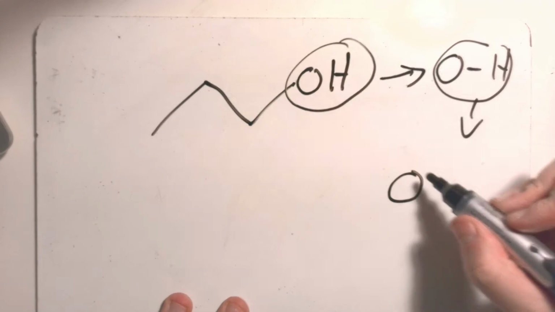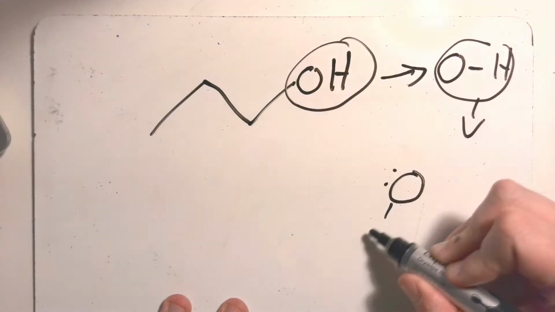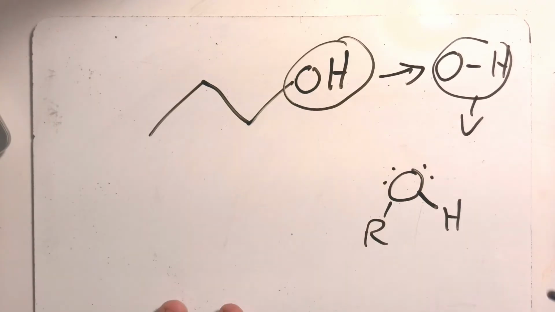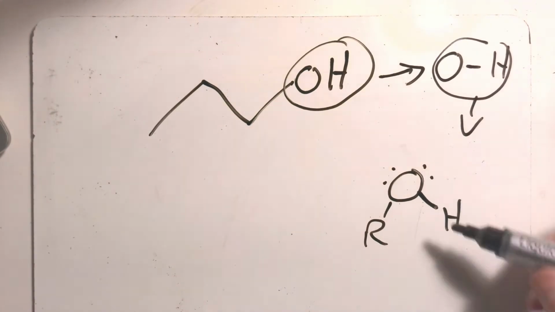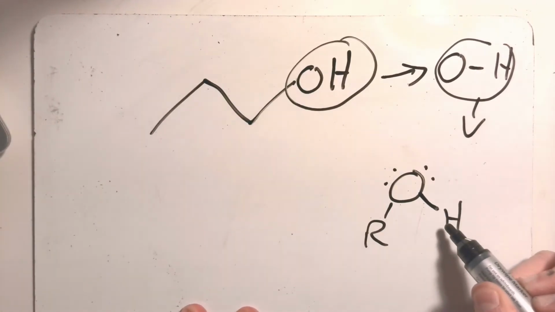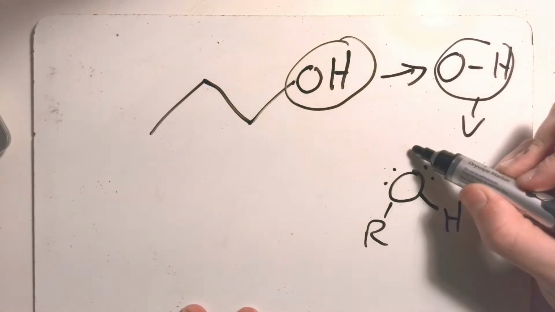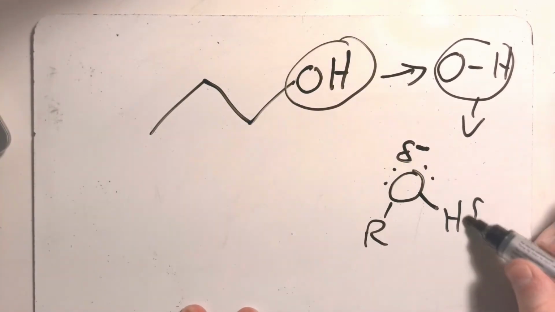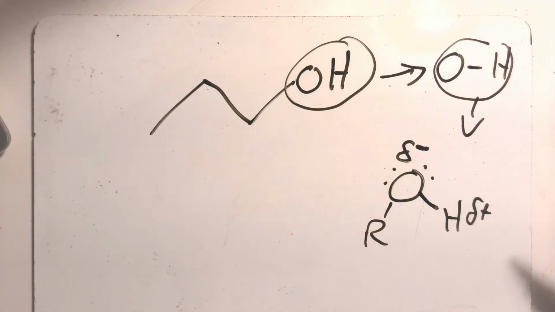Here you have an oxygen, 2 lone pairs, there's an R group there, another lone pair there, and then our H here. Now, if you remember, oxygen is very electronegative, meaning it draws in bonding electrons incredibly strongly. So that's going to form a delta negative charge, and this hydrogen is going to have a delta positive charge, and that's going to attract adjacent and nearby alcohol molecules, in fact adjacent propanol molecules towards them.